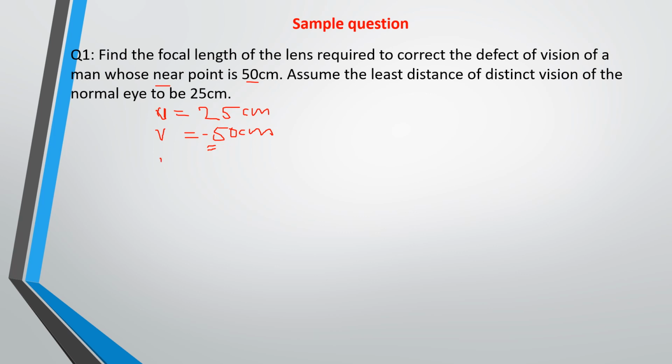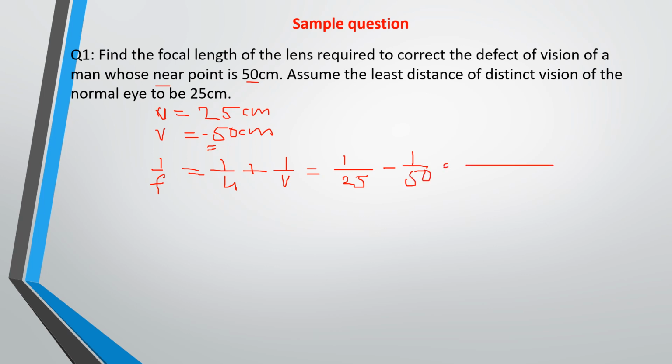The focal length from the lens formula is 1 over f equals 1 over u plus 1 over v. If you substitute, we have 1 over 25 plus minus 1 over 50, so this will give 1 over 25 minus 1 over 50.